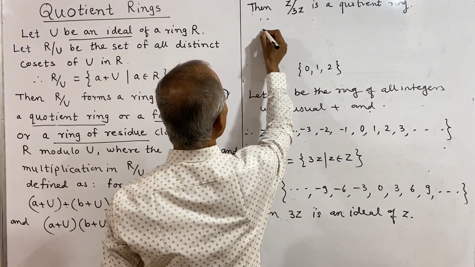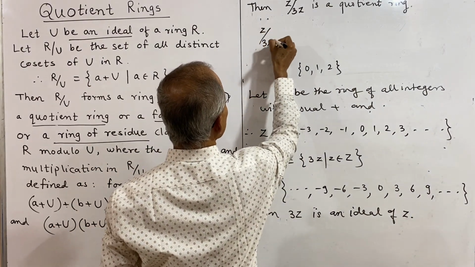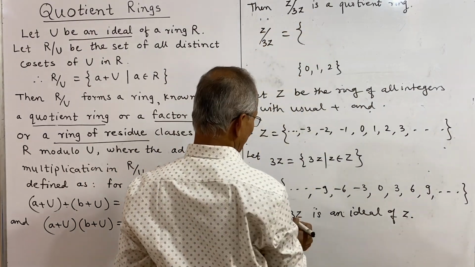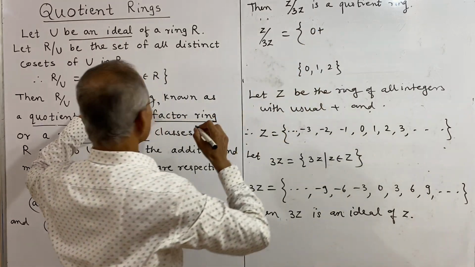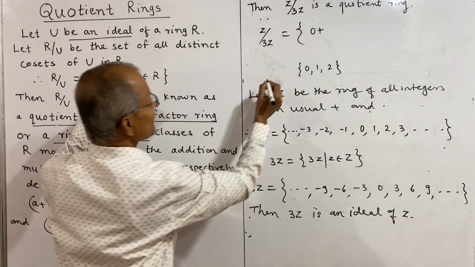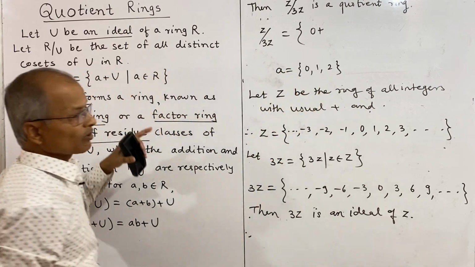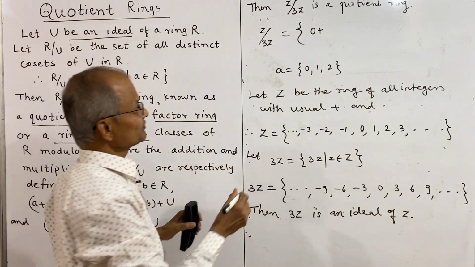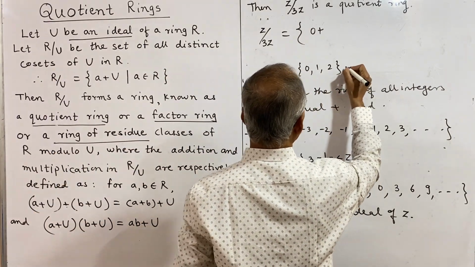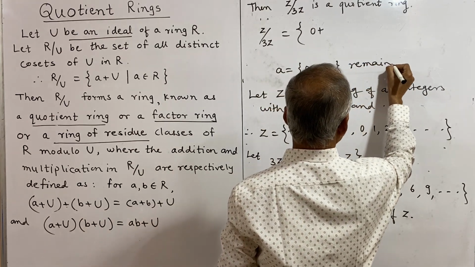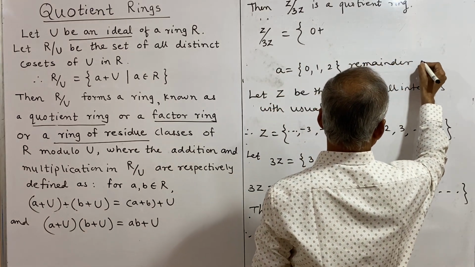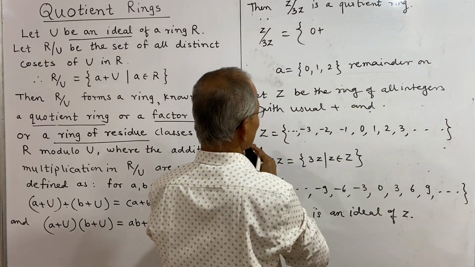So Z by 3Z is equal to a plus the ideal, where a is 0, 1, 2, the remainder on division by 3.